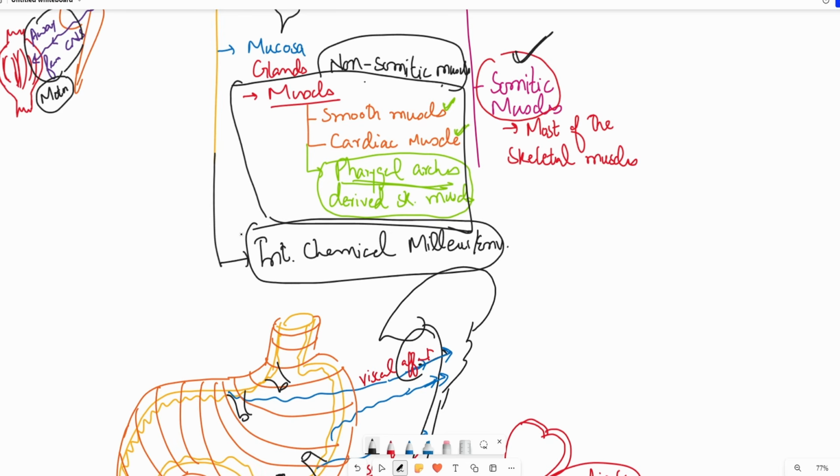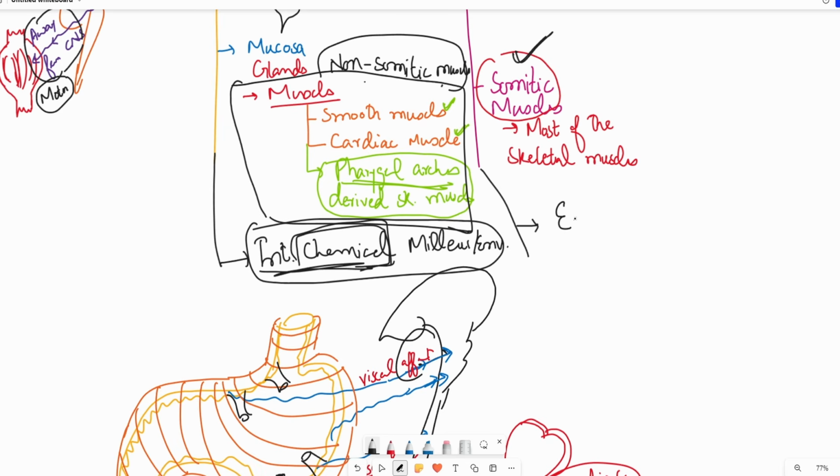So basically it is related with the internal environment, typically the chemical environment. Of course, mechanical stretching is also sensed by this, but what they say is that these are usually chemical sensors.